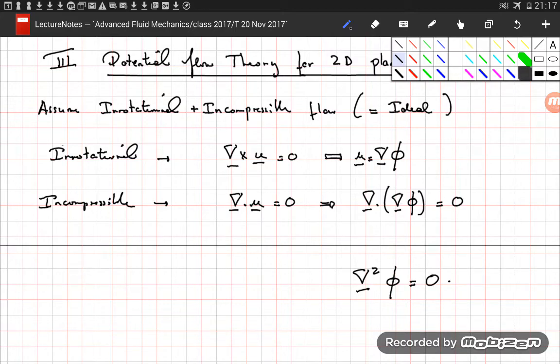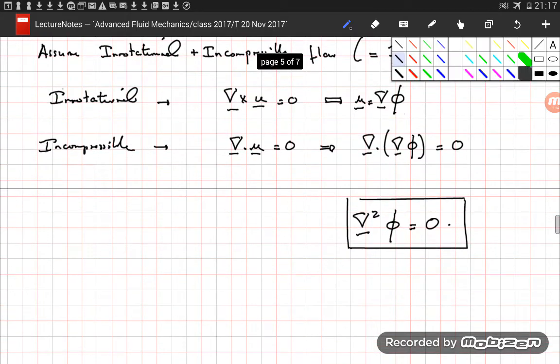So for ideal flows, not only does the velocity field derive from a potential, but that potential has a very typical mathematical property, because it satisfies the Laplace equation. That is another way of saying it's a harmonic function, and we have the analytical tools to build solutions to the Laplace equation.